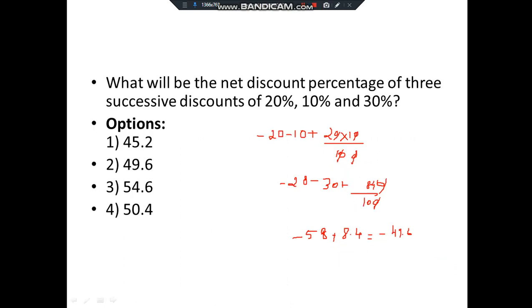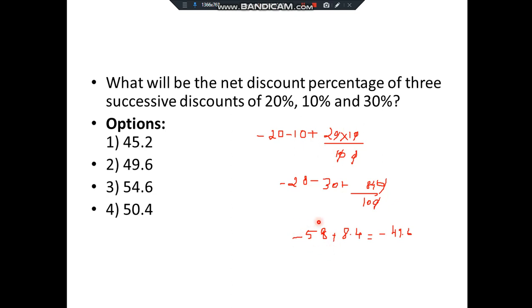Next question, what will be the net discount percentage of 3 successive discounts of 20, 10 and 30? It is quite similar to the previous question, but I took this question because we have 3 successive discounts. So we will follow the same formula, x plus y plus xy by 100. First find it for 20 and 10. So minus 20 minus 10 plus 20 into 10 by 100. So when you find that, you will get one answer, okay?